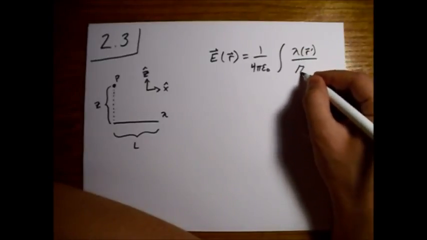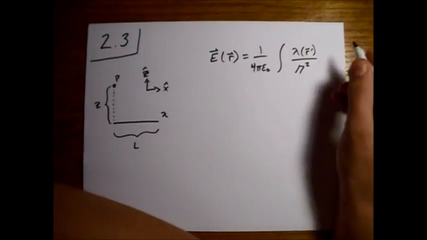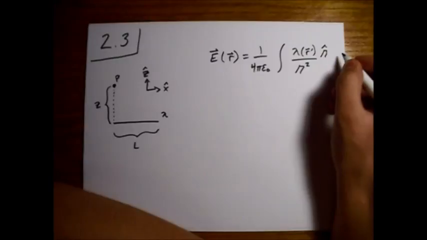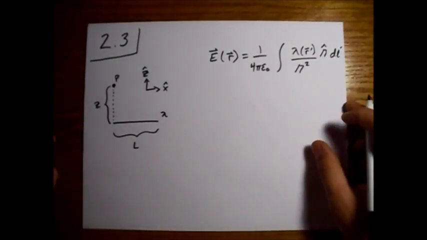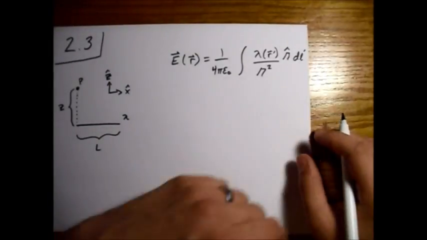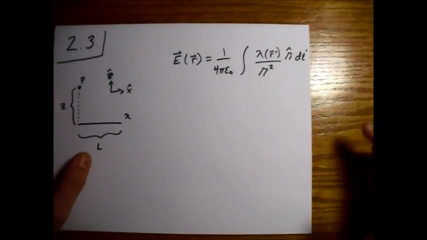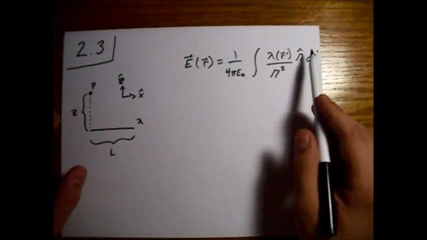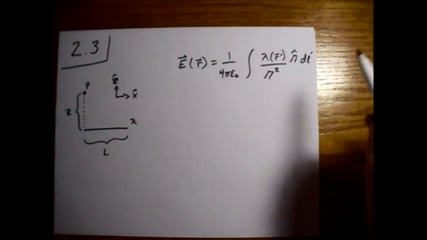Okay, down here we have this cursive r. Up here we have this unit vector cursive r, and then infinitesimal length element. So what have we got here? Let's look at some of the pieces.